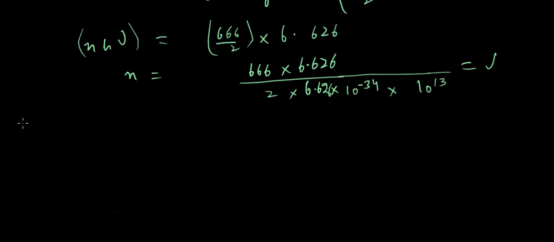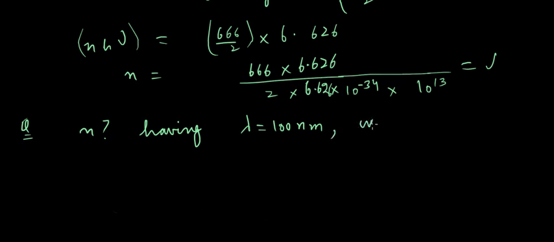Next let's discuss a problem wherein you have to calculate the number of quanta n, having lambda as 100 nanometer, which can provide energy of 1 kilojoule.